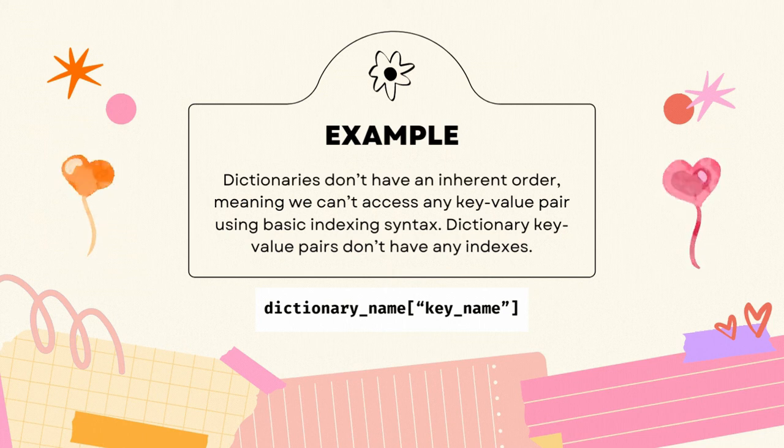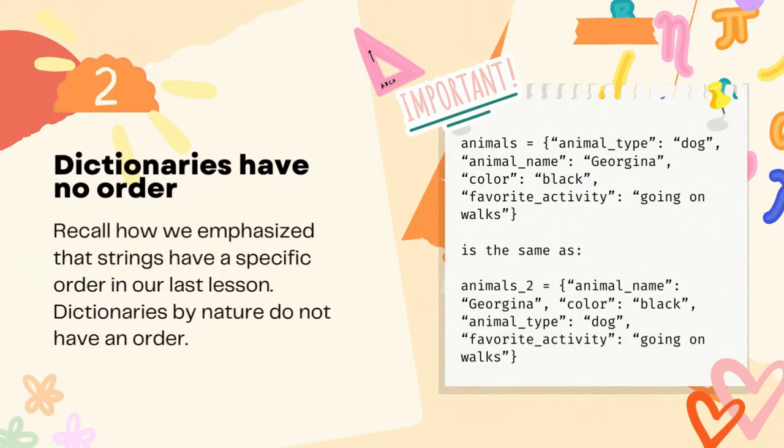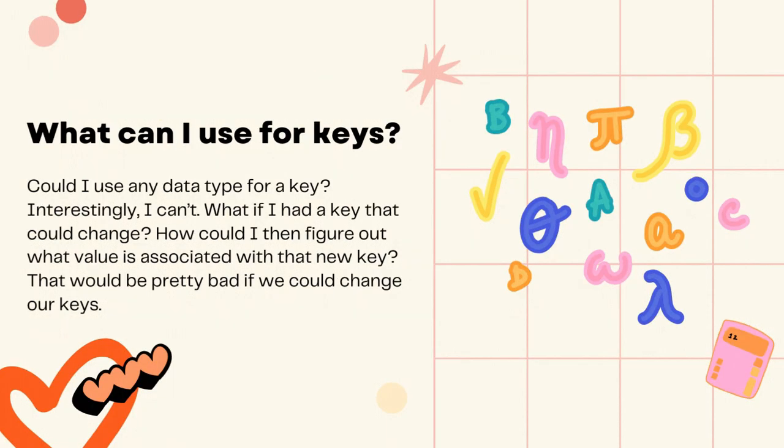This is why we have to always use our syntax, dictionary name, and then key name in those brackets to access the values, because these values are exclusively associated with a key and not an index. So this is really important to remember because dictionaries, unlike most other data types, don't actually have indexes. They don't have an order that the key value pairs must show up in every single time.